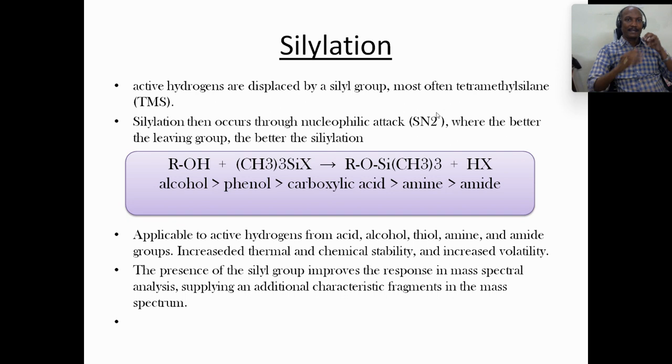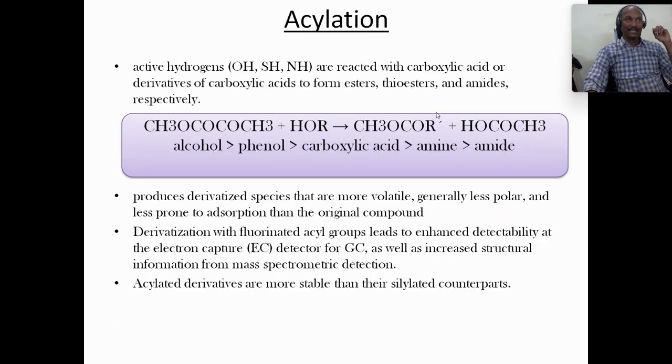Next, in silylation, one of the important aspects is that the active hydrogens are displaced by the silyl group, such as TMS, trimethylsilyl. The second one is acylation. Active hydrogens react with carboxylic acids or derivatives of carboxylic acids to form esters, thioesters, and amides.